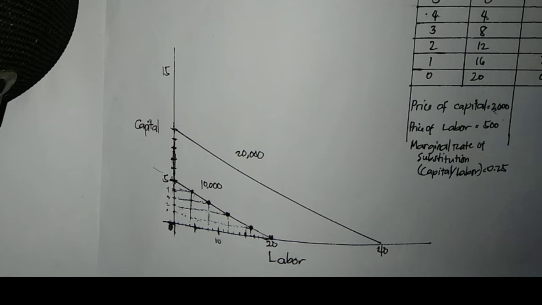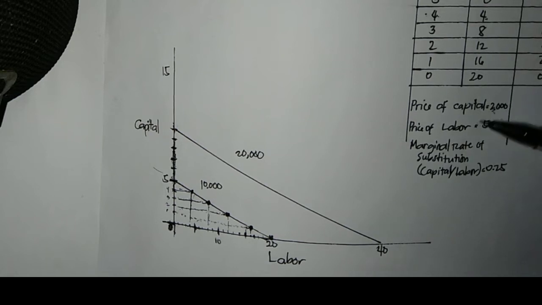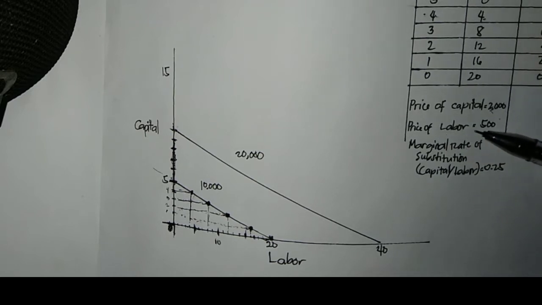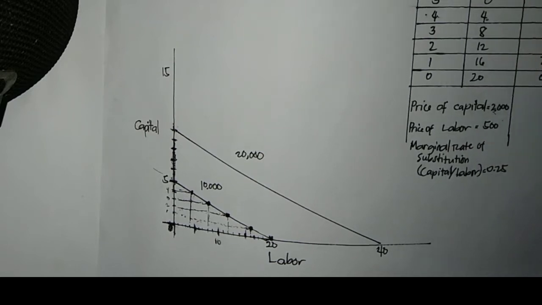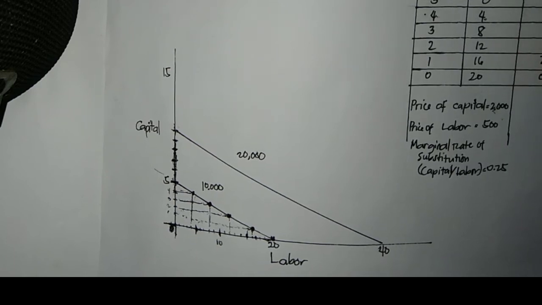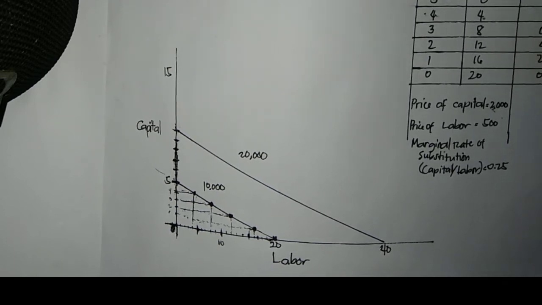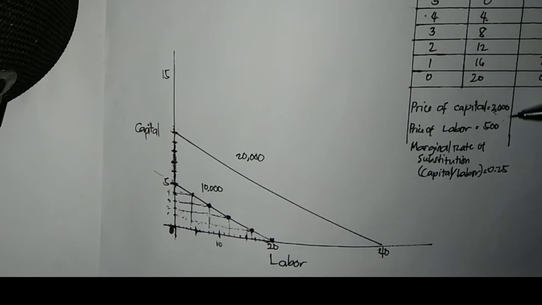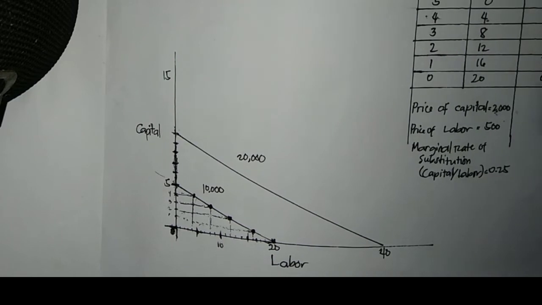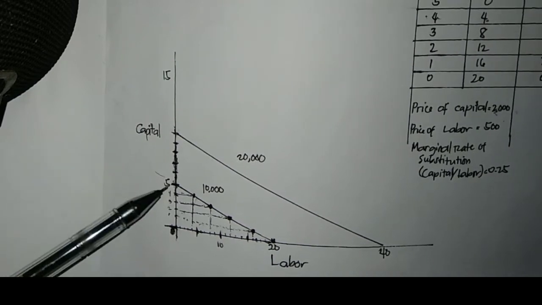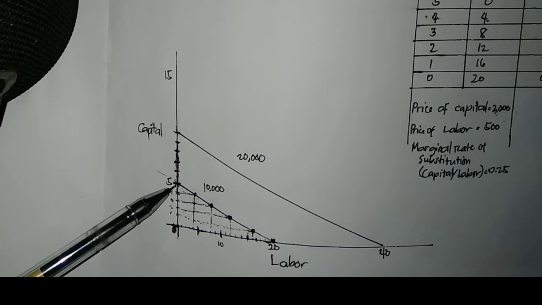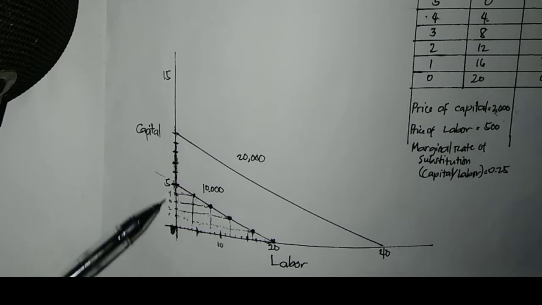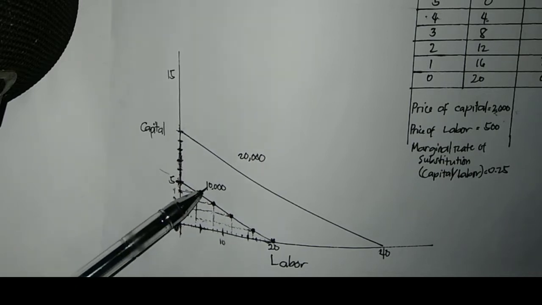The price sa iyang capital is 2,000 each, and the price of labor is 500 each. So kung mupalit siya og 5 pieces of capital, equivalent of 10k kay 5 pieces multiplied by 2,000. Sa graph, ang 5 nga capital, wala na siya mapalit nga labor, 0, kay ang 5 nga capital is equivalent to 10k.